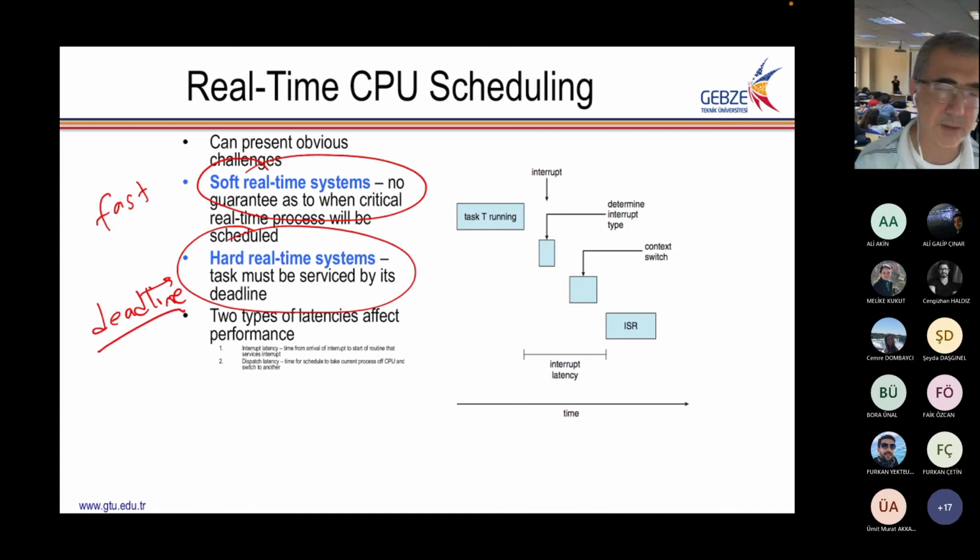In hard real-time systems, there is a pre-computation by the scheduler, and the scheduler says, okay, I can do it, and it does. If it can't, it should abort the processing and inform the operating system that it's not going to happen.